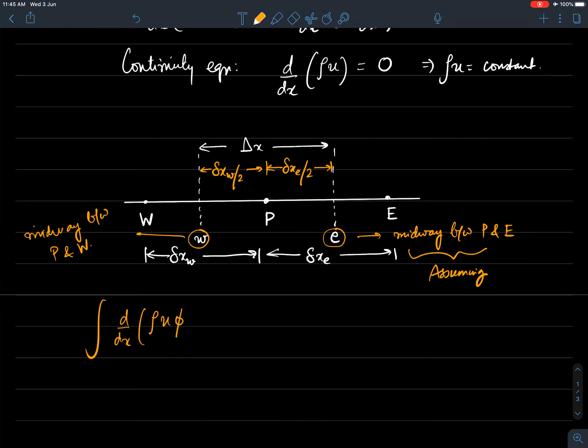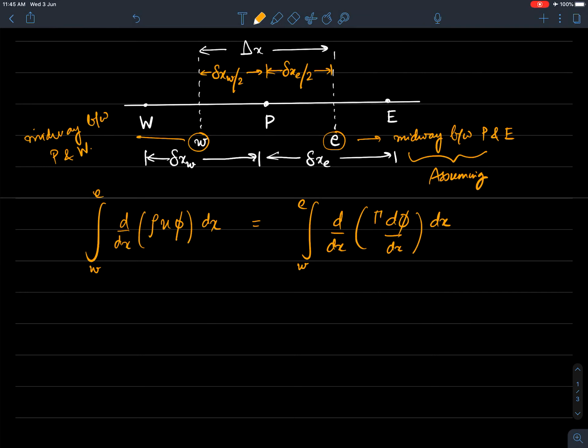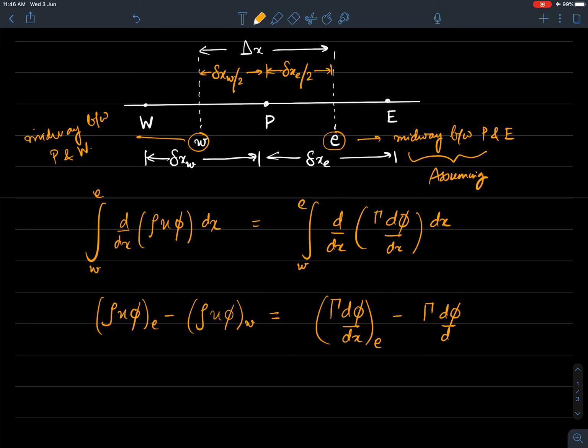We get integral d by dx of rho u phi dx from w to e is integral from w to e d by dx of gamma d phi dx, and now I can write this as rho u phi at e minus rho u phi at the w face will be gamma d phi dx at e minus gamma d phi dx at w.